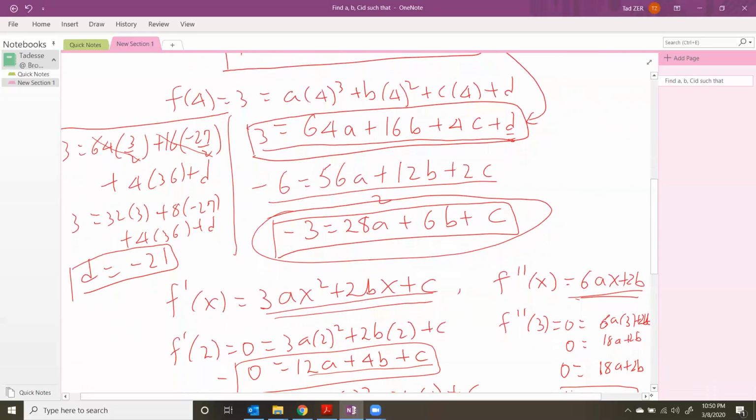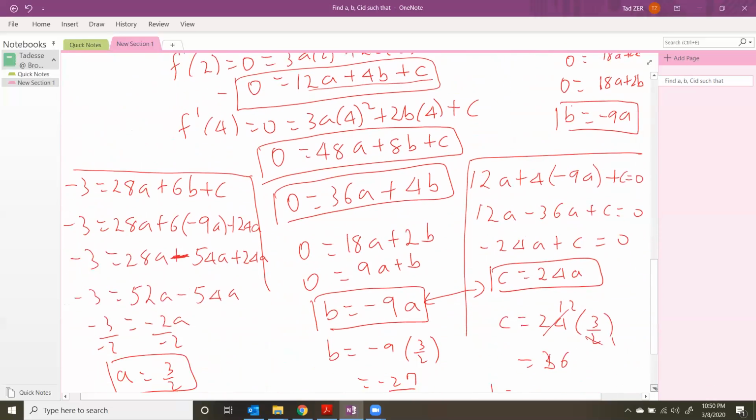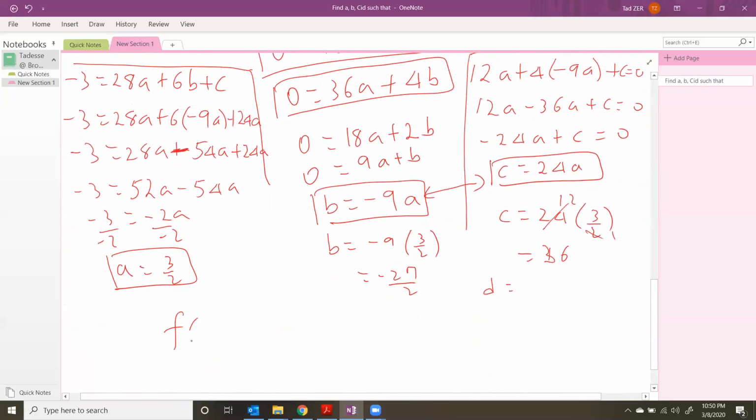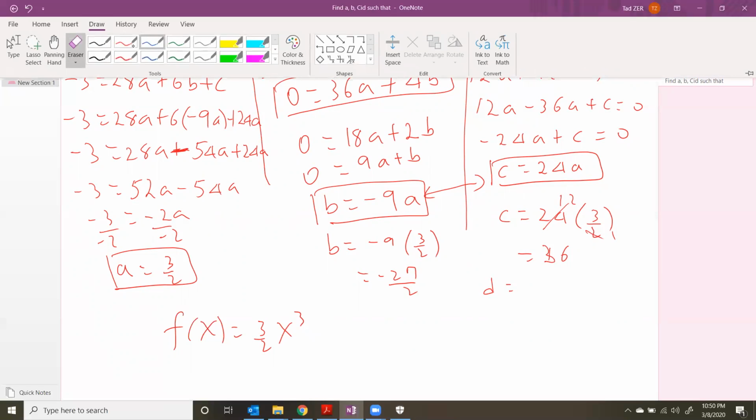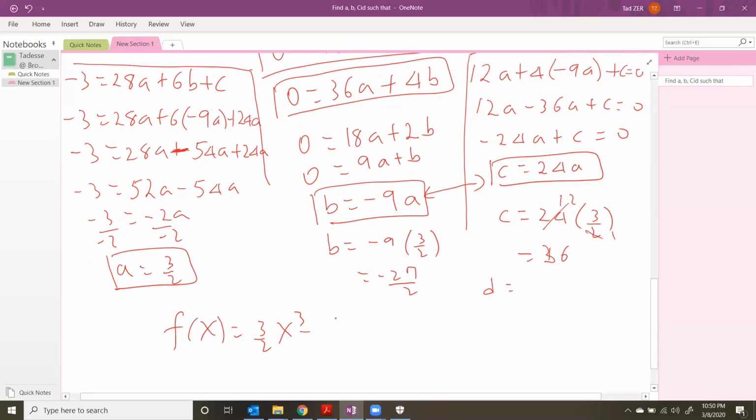If you want to write the final expression for the function, f of x having that property should be f of x equal to 3/2 x cubed minus 27/2 x squared plus 36x minus 21. So that should be the function with that property.